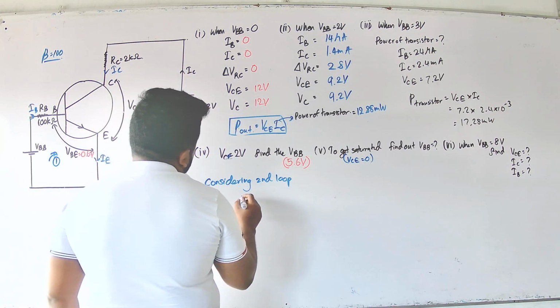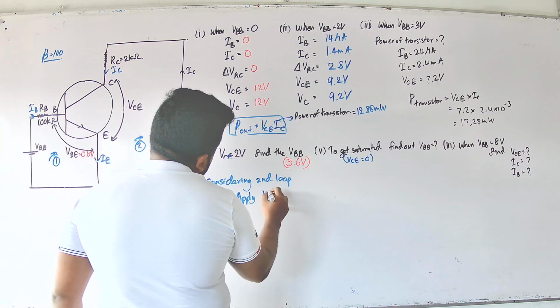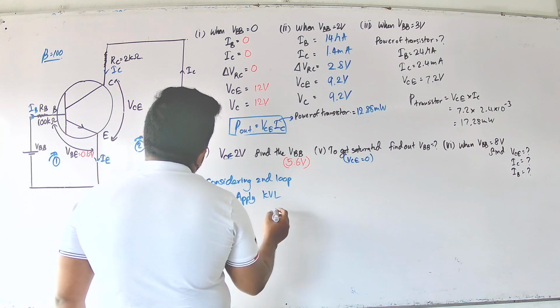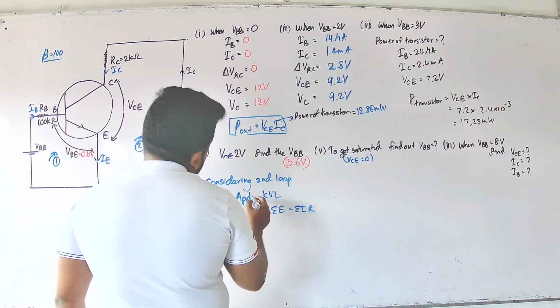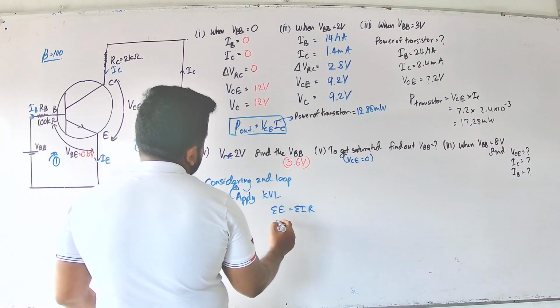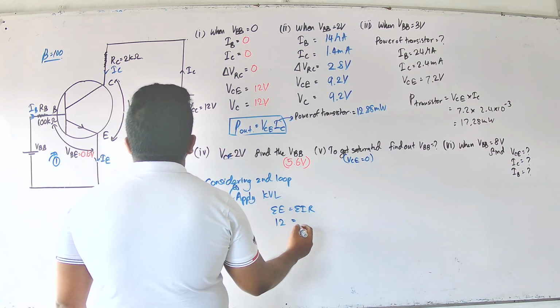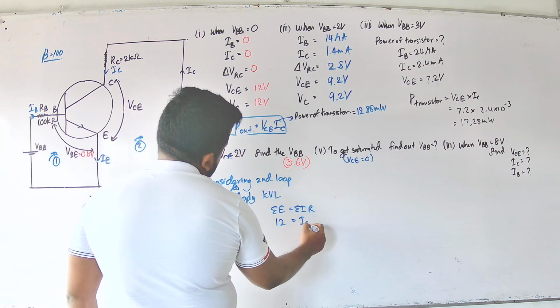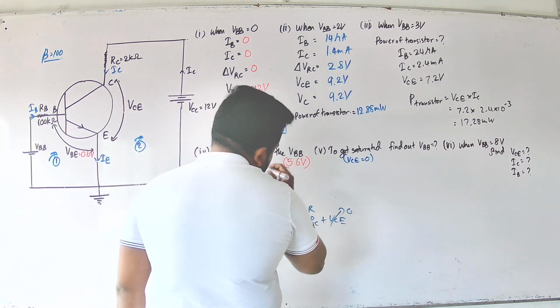Apply KVL. Sigma E equals sigma IR. So VCC equals 12 equals ICRC plus VCE, which equals 0.